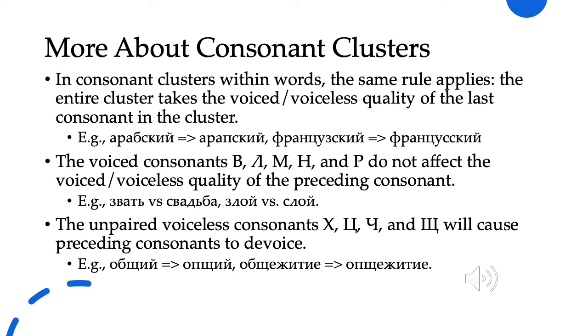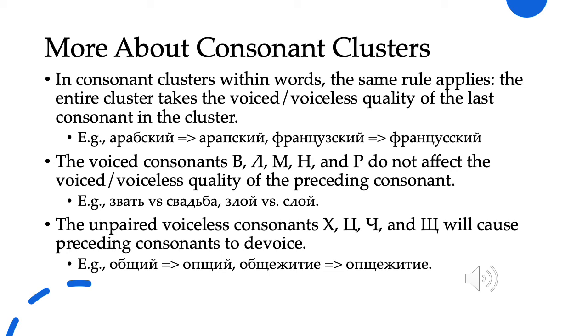If you have another consonant before V, L, M, N, and R, it will not voice if it is voiceless. And we can see this in words such as zvat, to call, versus svadba, a wedding. Both of them have a V as the second consonant in a consonant cluster, and you can see that zv is pronounced zv and sv is pronounced sv.